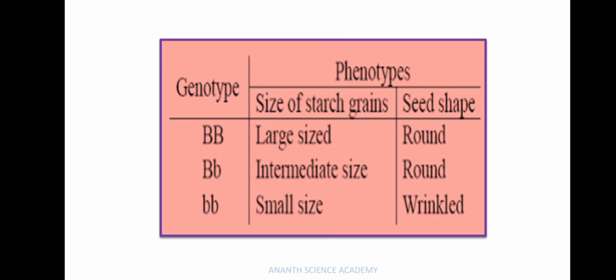Small b small b genotype produces small sized starch grains and wrinkled seeds. Here, with respect to starch grain size, the gene shows incomplete dominant pattern of inheritance. And with respect to seed shape, the same gene shows dominant pattern of inheritance.